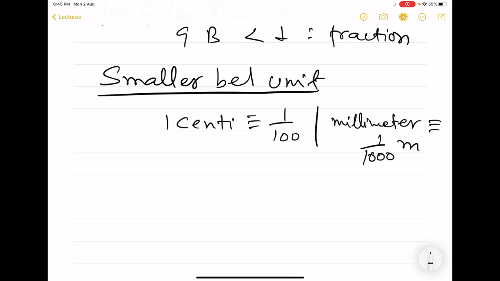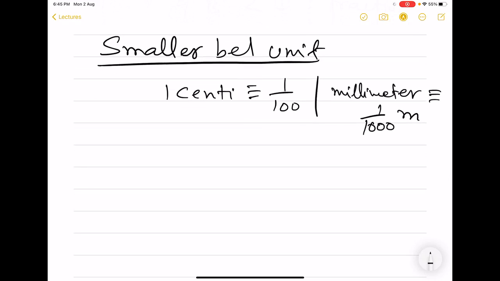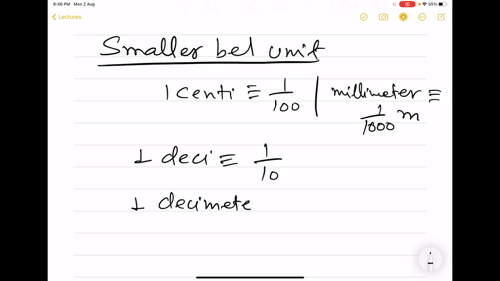So for meter, centimeter and millimeter are quite frequently used. But even for meter, we can talk about a unit or scale which is 1/10 of a meter. In that case, we have deci. 1 deci is equivalent to 1/10 of whatever unit we are talking about. So for example, 1 decimeter is going to be 1/10 of a meter.